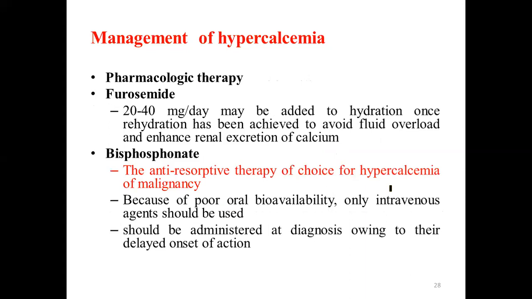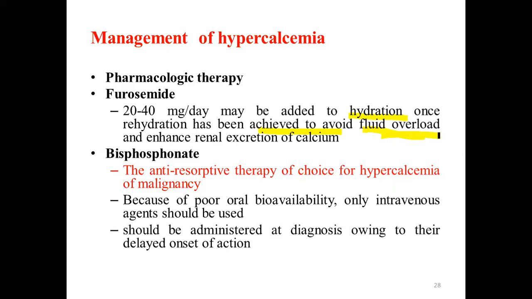Then, as I mentioned before, the loop diuretic furosemide can be considered. It is added to hydration once rehydration has been achieved, to avoid fluid overload and enhance renal excretion of calcium. This can be considered pharmacological therapy.